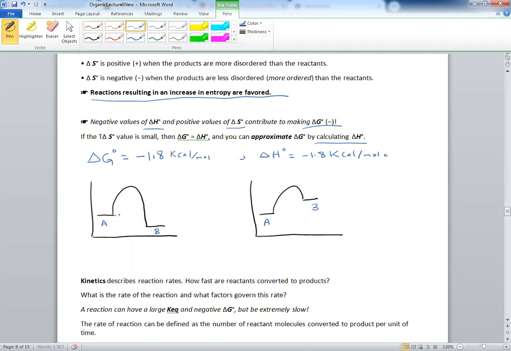The difference between A and B is delta G, or like we said, sometimes written as delta H. And this should be a negative value because B is lower than A. This is called exothermic. Again, you must have seen this before. It releases heat.